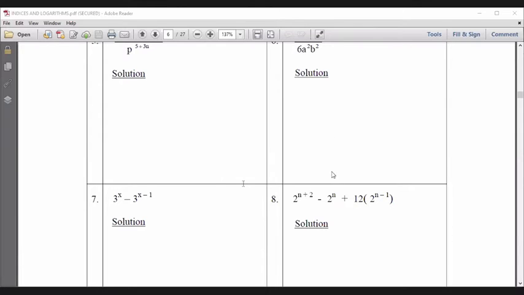I am saying this is the same as 2 raised to power n times 2 raised to power 2. Is that true? Yes. Minus 2 raised to power n plus 12 is the same as 2 raised to power 2 times that, or 12 is the same as 3 times 4.